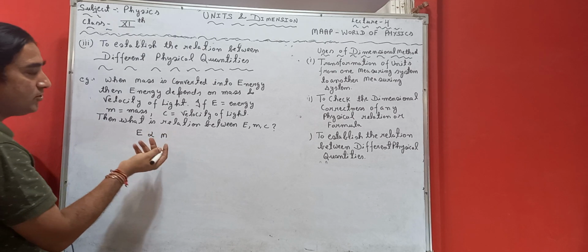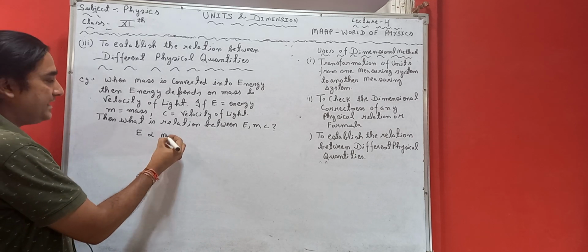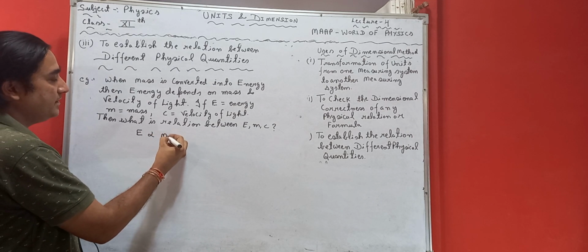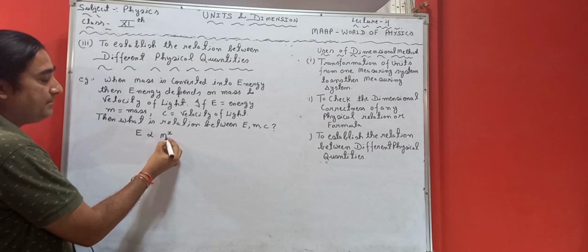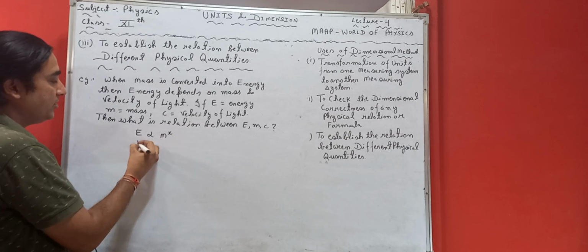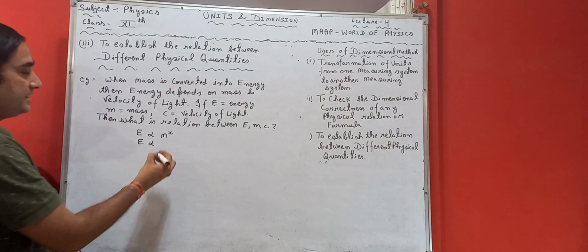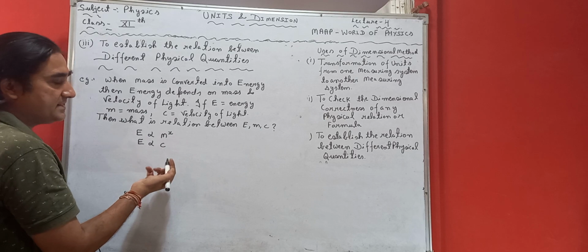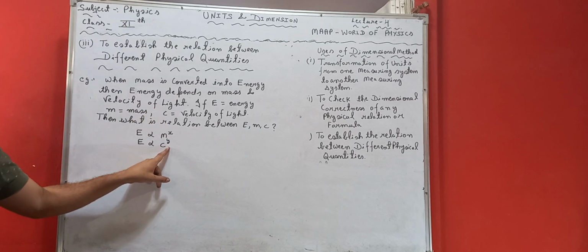I don't know what the dimension of mass is, so if I generalize, energy depends on m and its dimension is x. Also energy depends on speed of light, but I don't know the dimension, so I can say the dimension of speed of light is y.